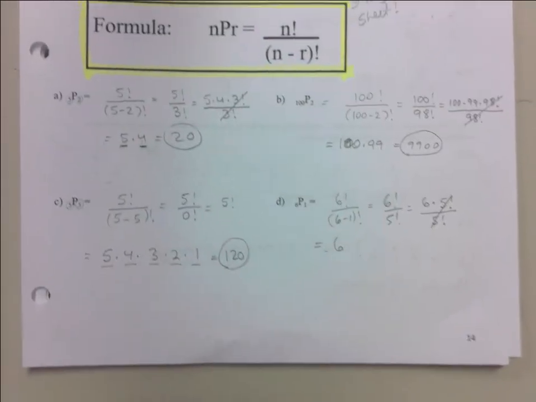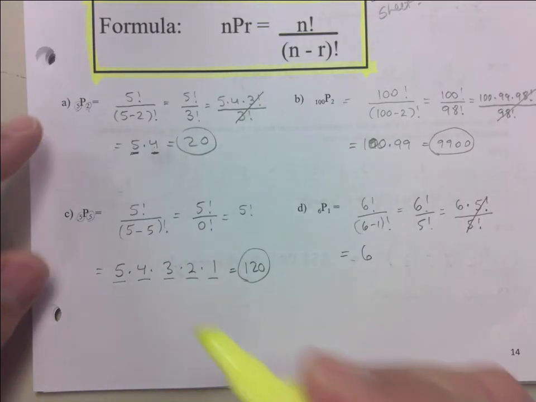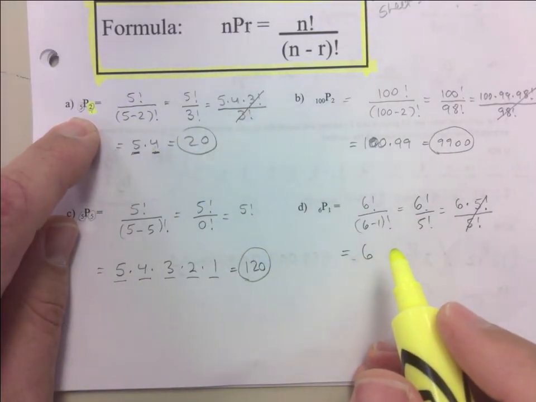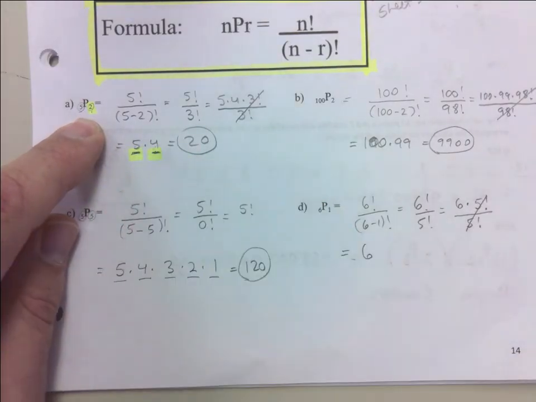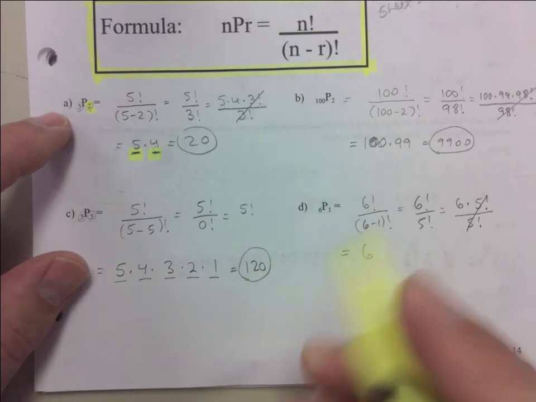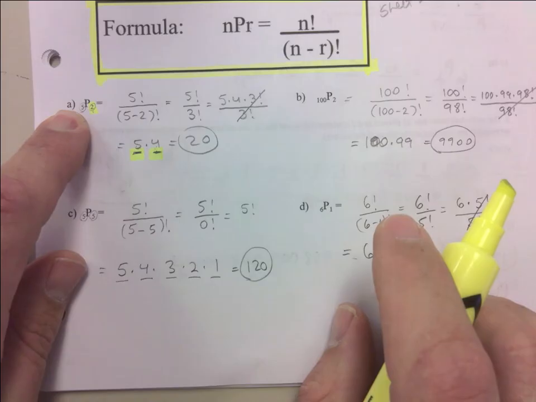One pattern that I wanted to bring to life here is that the second number is what tells you basically how many slots you're filling in. And the first number is how many options you have available.